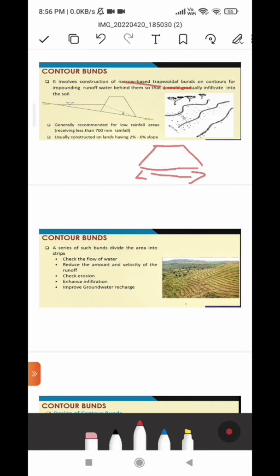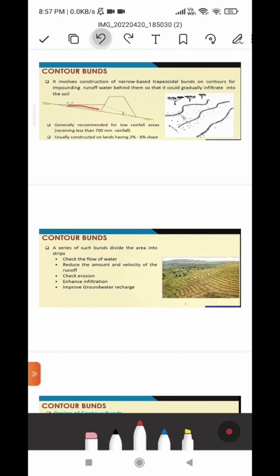These trapezoidal narrow-based bunds are placed on contour lines to reduce the runoff velocity so they could increase the infiltration rate. This would be the area where the water would be standing and it would be able to infiltrate into the soil as it would get more time.